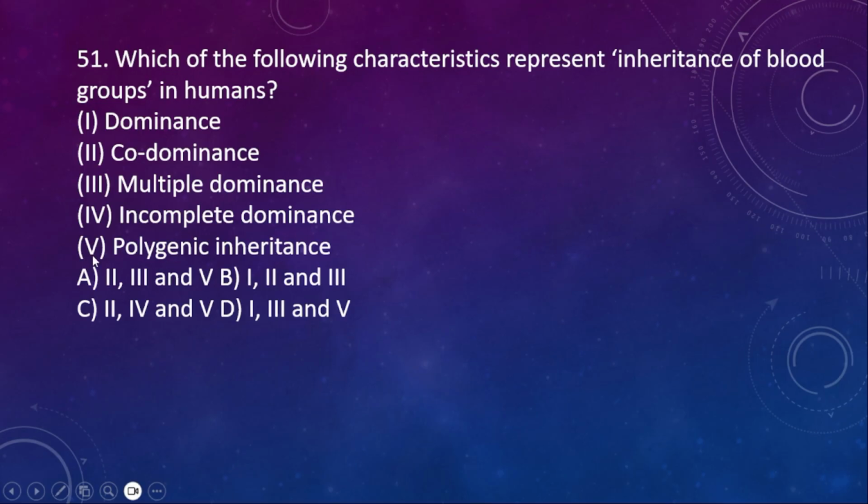Incomplete dominance. 5. Polygenic inheritance. So here the right option is option B, 1, 2 and 3. Inheritance of ABO blood group in humans is a classic example used in genetics to demonstrate several key principles of inheritance.